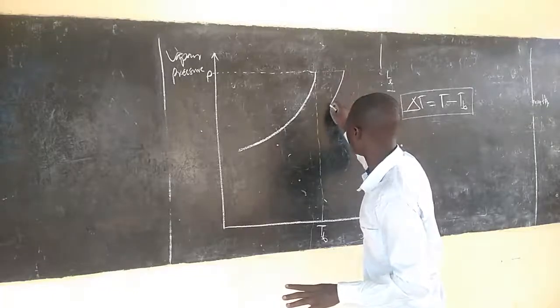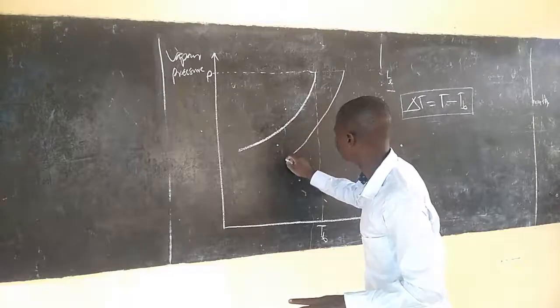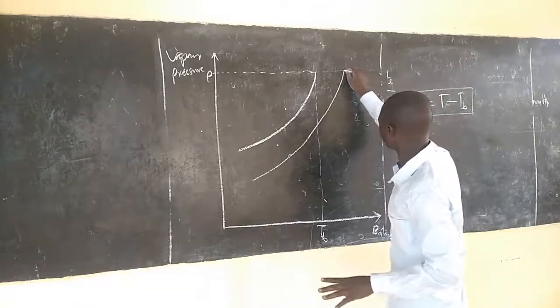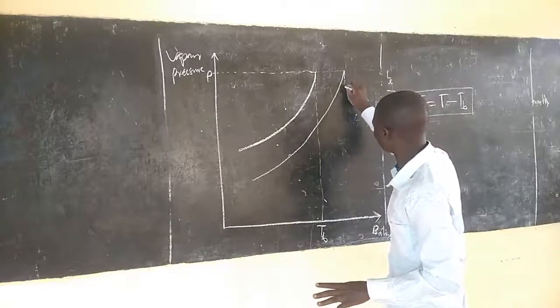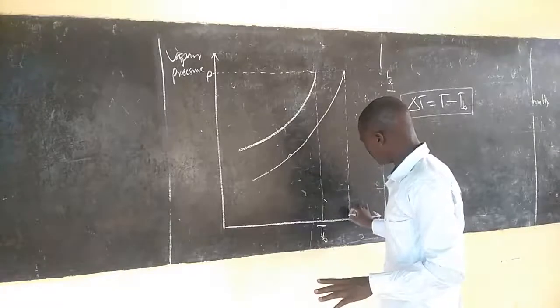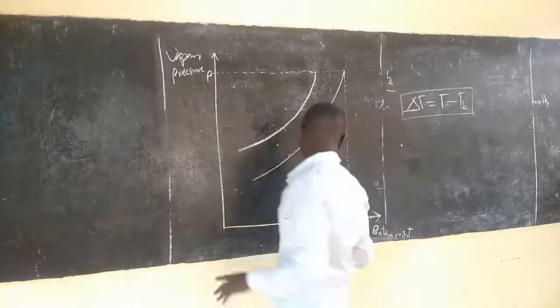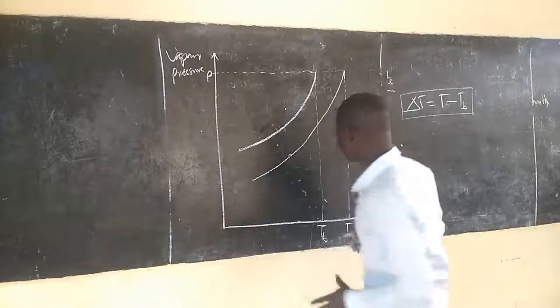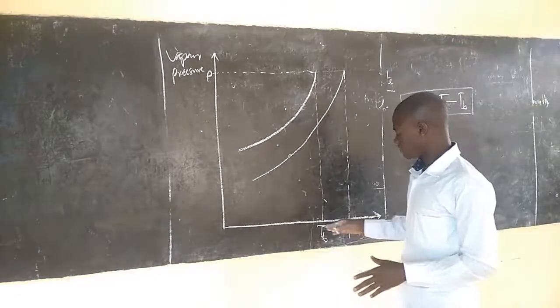However, the version of variation will be the same. So you see, ili tuweze kufikia pressure ile pale, kama tumeadi solid, we must increase the temperature from TB twende kwenye temperature fulani T1, which is greater than temperature TB.